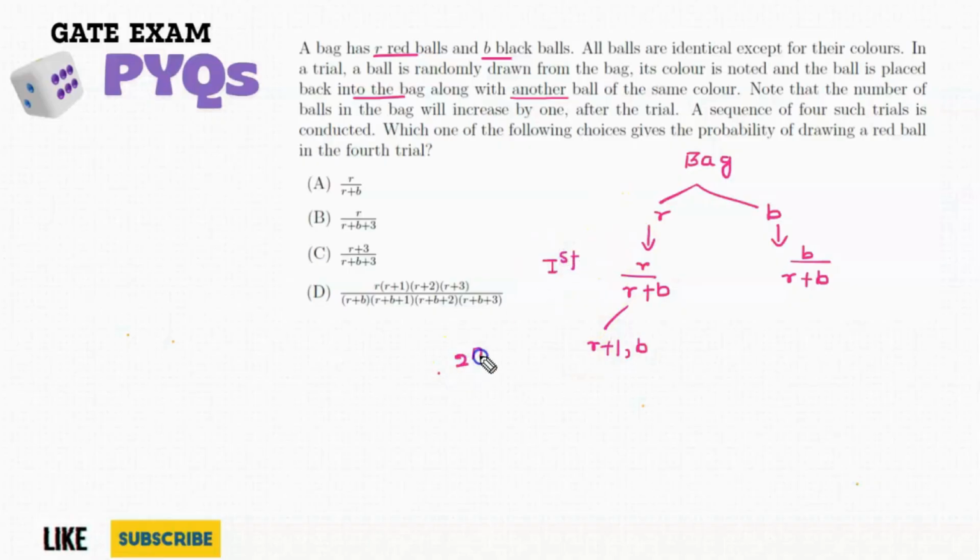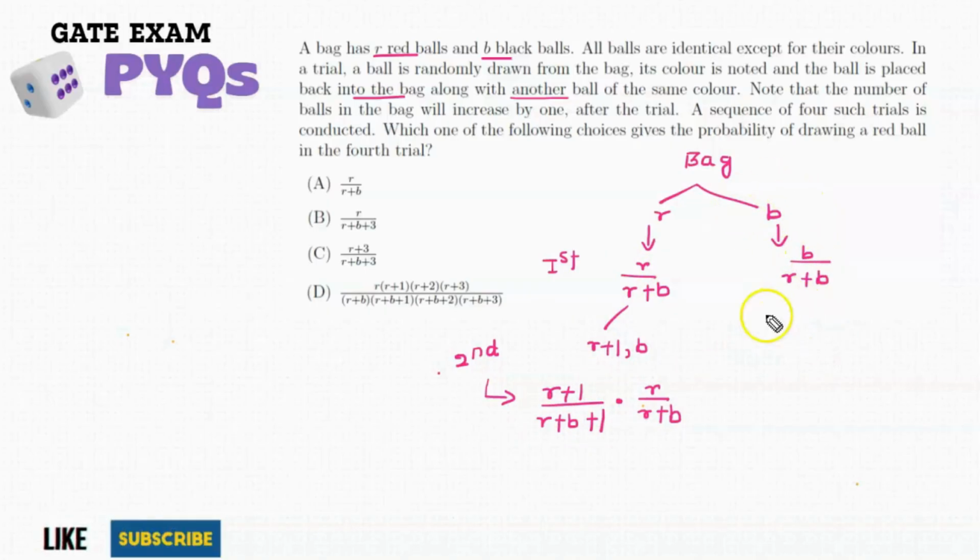In the second trial, if the first is red, then to get the red ball again, it will be R plus 1 over the total number of balls, which is R plus B plus 1, correct? And we will multiply it with the first trial. So this is the probability of getting red in the first and the second trial.